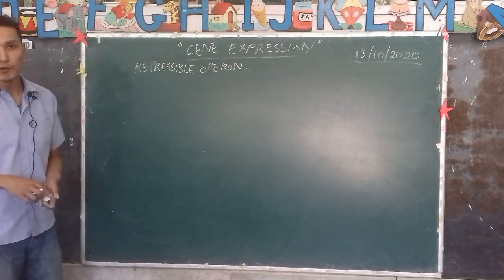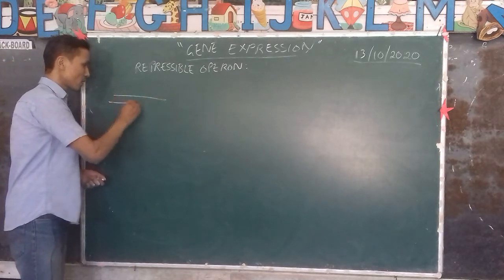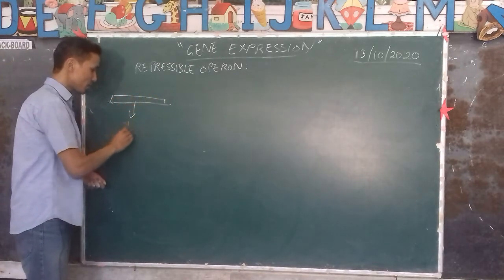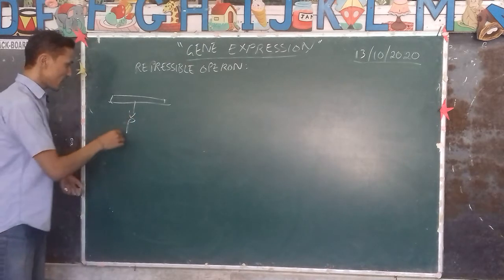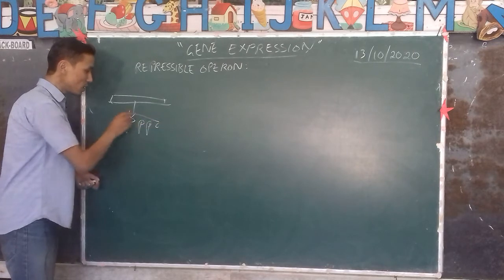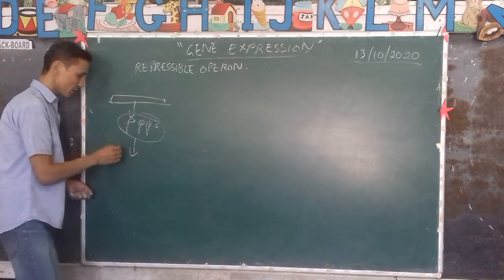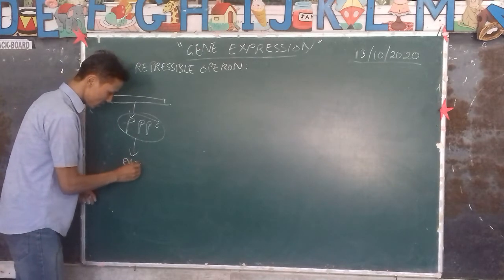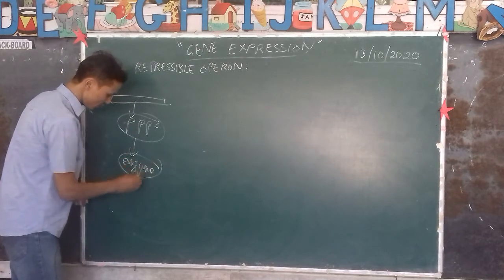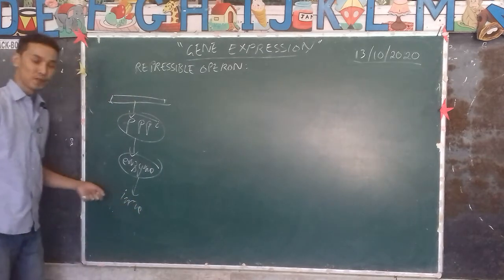Now in this case, we're going to discuss the repressible operon. What happens is, if a particular gene produces a protein and this synthesis is not stopped, then the protein will keep on accumulating. So that means this protein, let's say, is an enzyme which leads to increased metabolism.